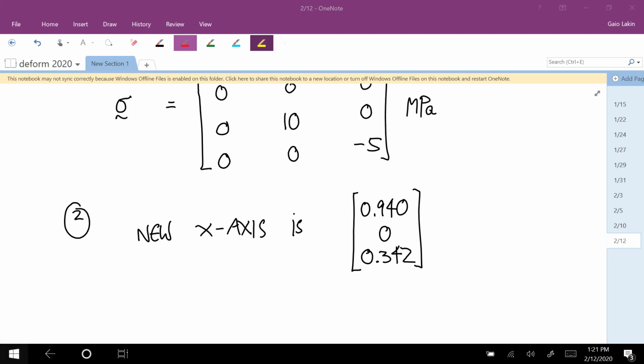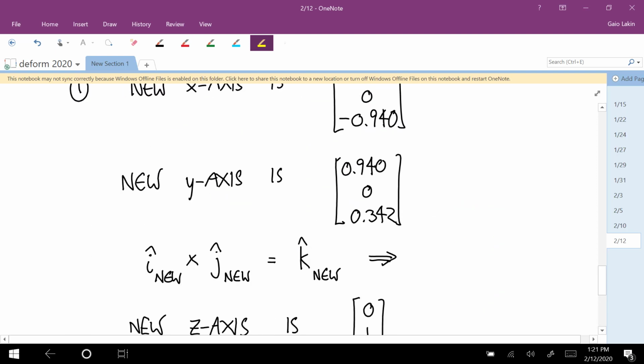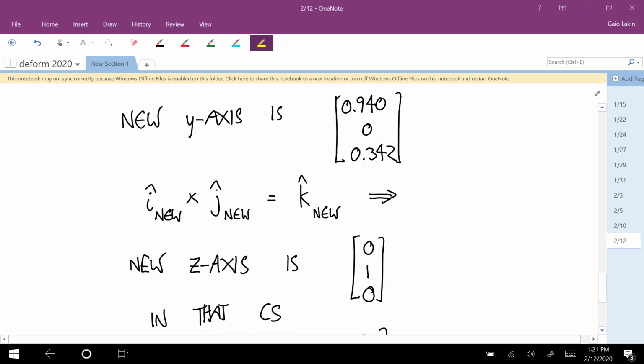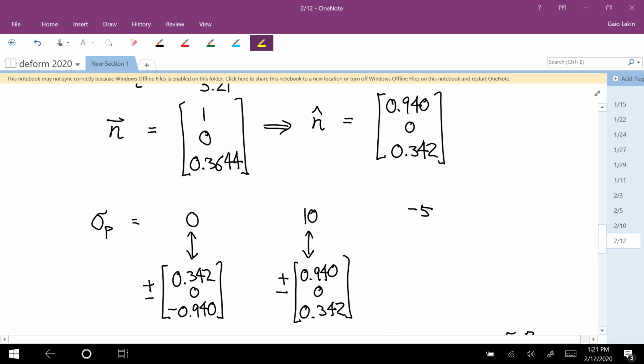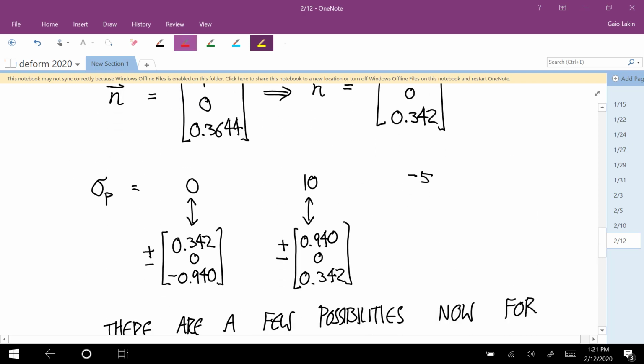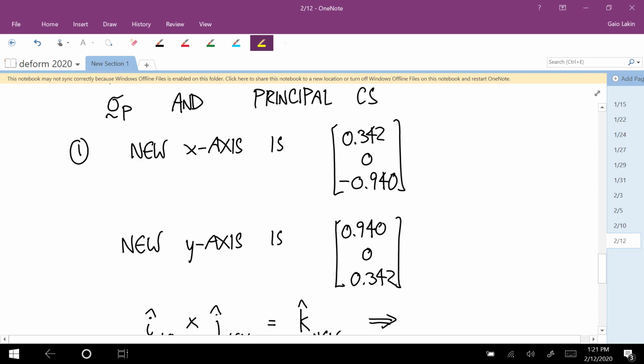So remember that one corresponds to, what did that one correspond to? That corresponded to our 10, right? Each one of these eigenvectors is linked to an eigenvalue. That's the one that we got by putting in a lambda value of 10. Okay.